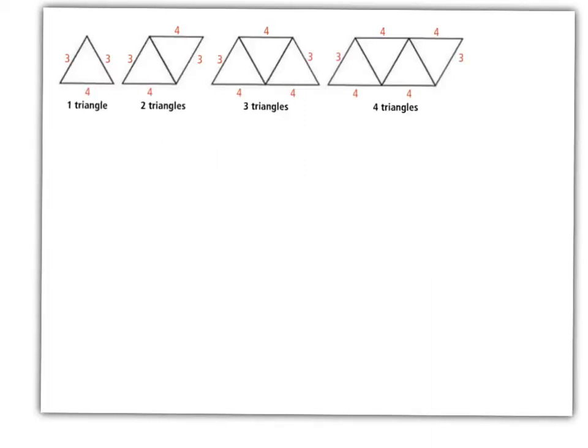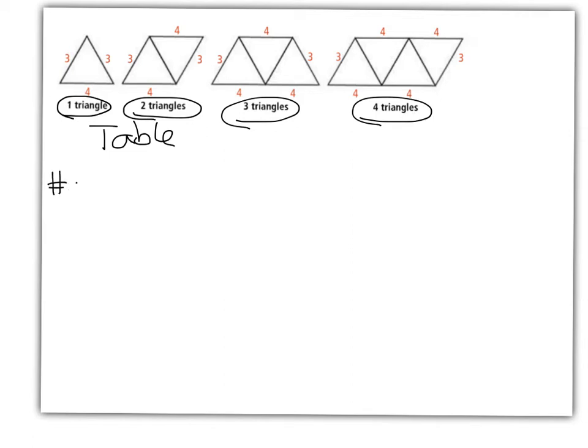Okay, so let's try it with this picture. Let's do the table. Our independent variable is going to be the number of triangles. I'm just going to draw a triangle. That's going to be our independent variable, so that's our x. And then our y is going to be the perimeter again.